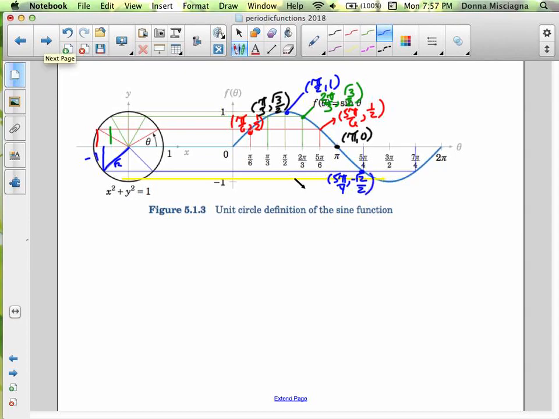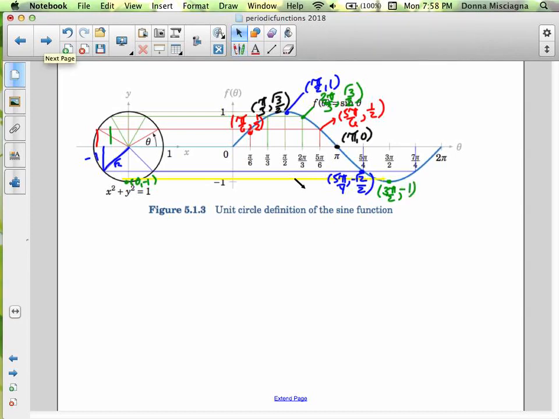Now I'm going over these values really quickly because I'm not teaching you the values. I'm just having you get a sense of where the values come from, because we learned how to do the values in previous lessons. 3 pi halves, now I'm right over here, right? And so this would be the point 0, negative 1. So on the circle, for our graph, the angle measure is 3 pi halves, and the sine value is negative 1.